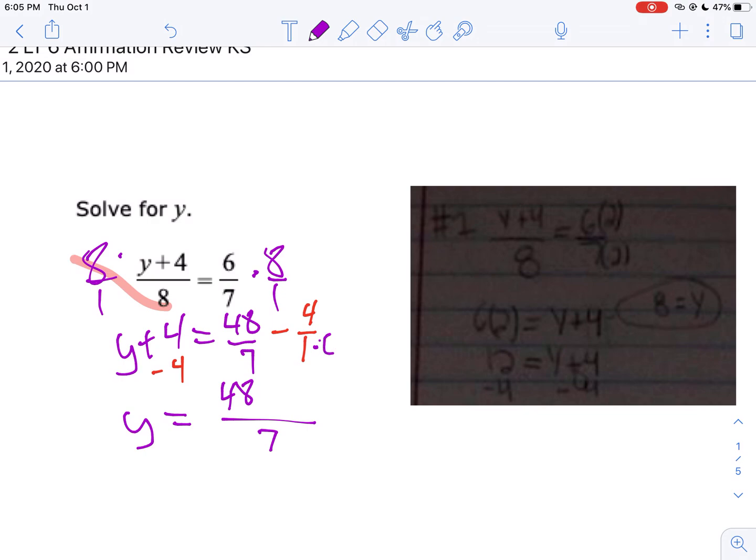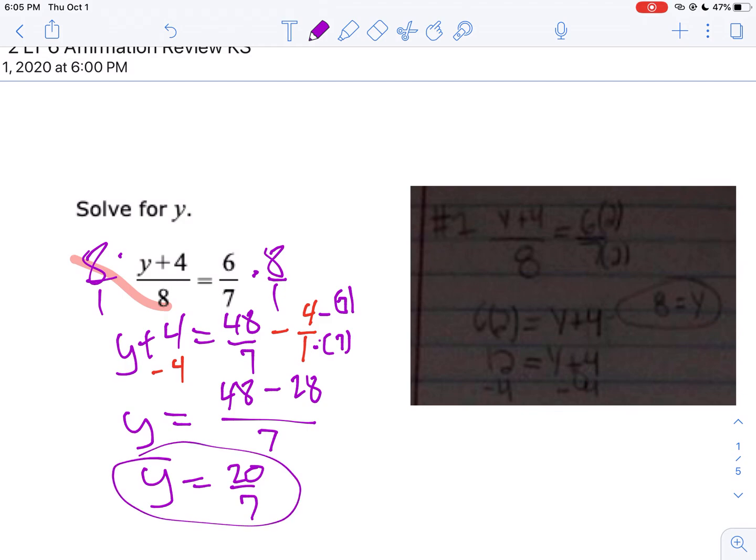Well, 1 times 7 is 7. If you multiply the denominator by 7, you've got to multiply the numerator by 7. 4 times 7 is 28. So then 48 minus 28 is 20 over 7. And there's your answer. If you're going to use equivalent fractions, they have to be equivalent. That's the issue on that one.